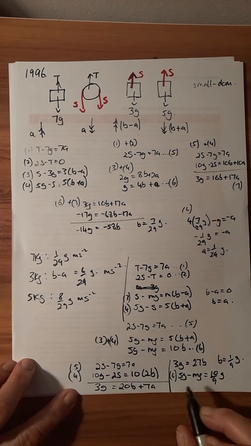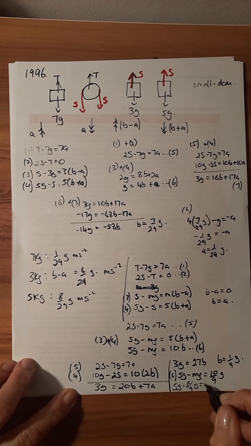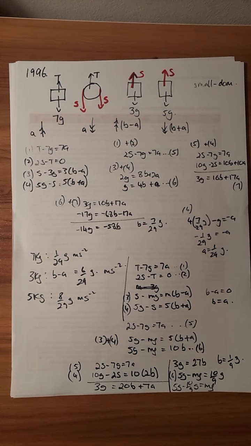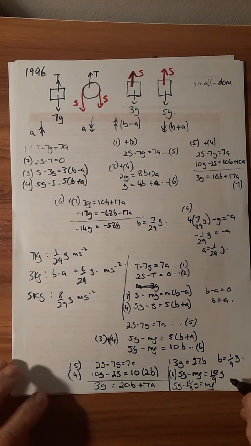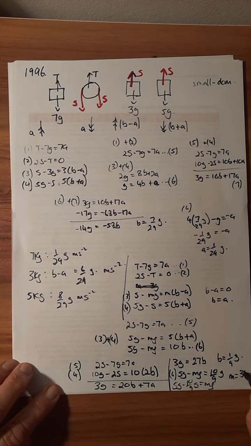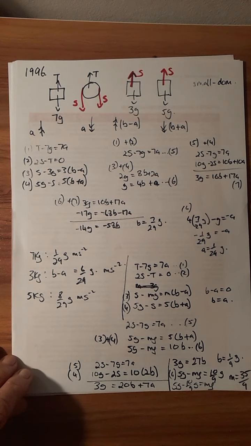So 5g minus 10 ninths of g is equal to mg. 5 minus 10 ninths gives me 35 over 9, so 35 over 9 g is equal to mg. So m is equal to 35 over 9. I'm sorry that's a bit squished at the end, but you get the idea. That's the question we were finishing from Tuesday.